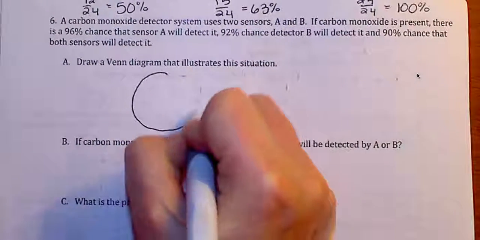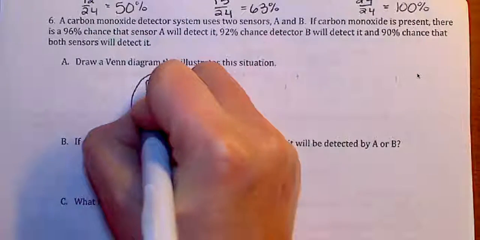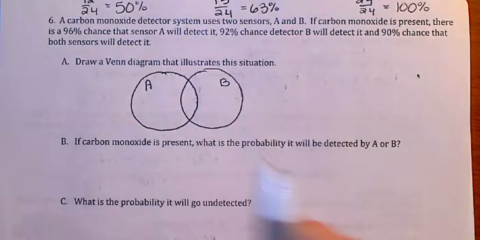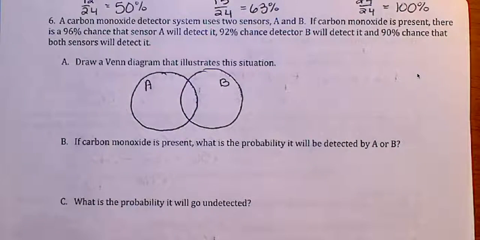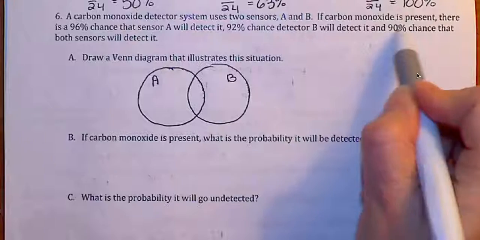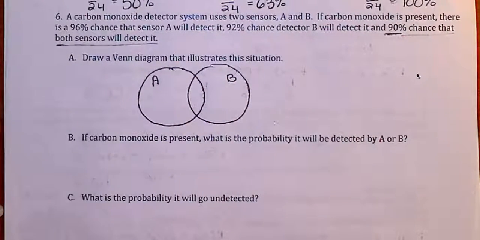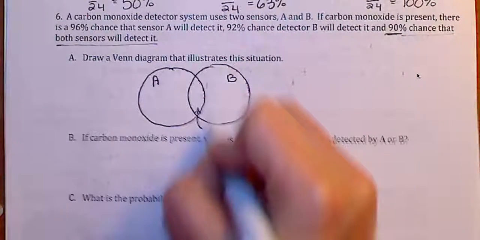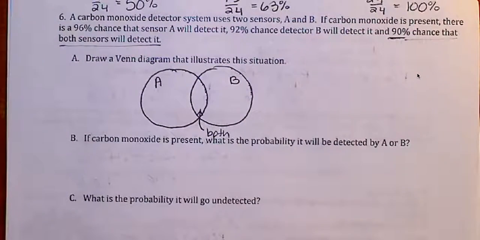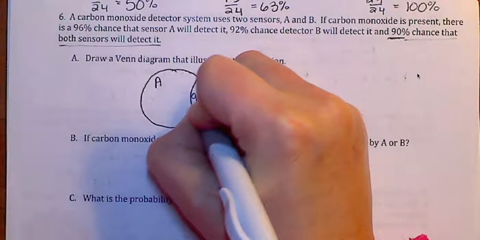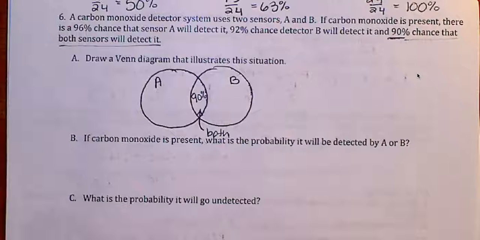So we've got detector A and detector B. Now we want to start first with this. It says there's a 90% chance that both sensors will detect it. So this overlapping place is where both of them fall in. So there's a 90% chance that both of them will detect it. That's where they overlap, okay?